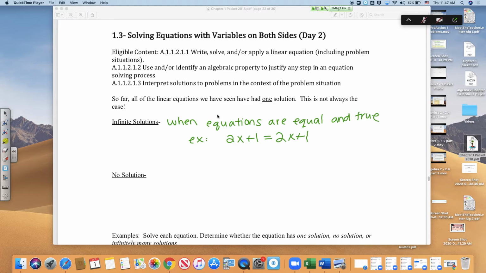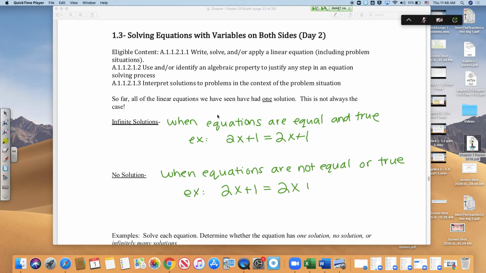No solution is when the equations are not equal or true. This could be like 2x plus 1 equals 2x plus 4. This is not true. 2x plus 1 is not going to be equal to 2x plus 4.